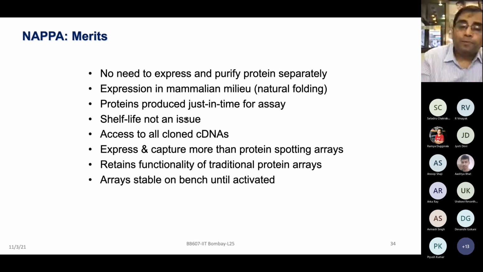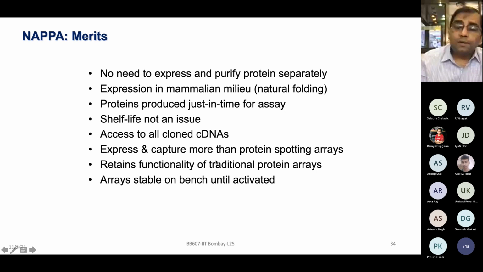Rather, you can make the protein very fresh, like baking a pizza at the time when you want to eat. And shelf life is not going to be an issue because you are going to keep the cDNA, which is a very stable material, printed on the slides and stored in moisture-free conditions. Whatever clones or cDNA you have access to, all of that could be made into the protein form.